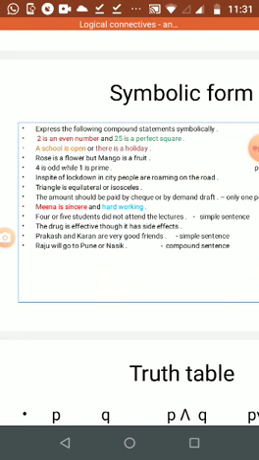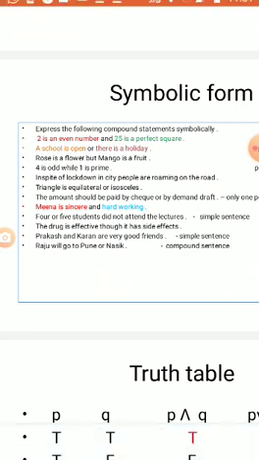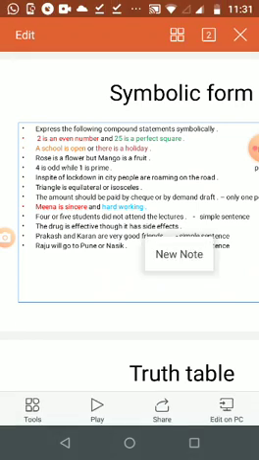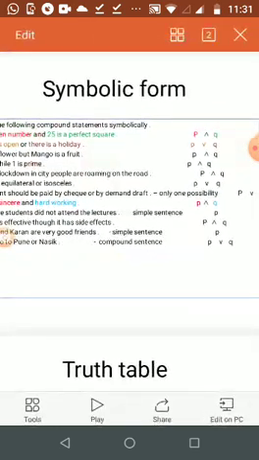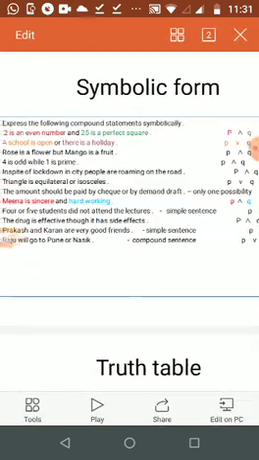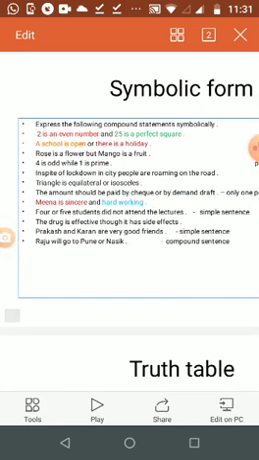And then next, Raju will go to Pune or Nasik. That means Raju will go to either Pune or Nasik. He cannot attend both the cities. So that means it is disjunction of P and Q. So in this way we can write compound statements by using conjunction or disjunction.